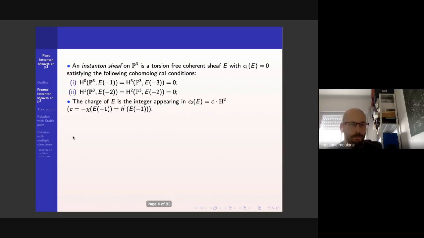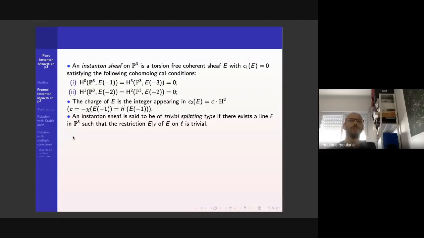Okay, and so the charge of the instanton is the integer appearing in the second Chern class, and also appearing as minus the Euler characteristic of E tensor O(-1). And we will say that an instanton sheaf is of trivial splitting type if there exists a line such that the restriction of E to it is trivial.